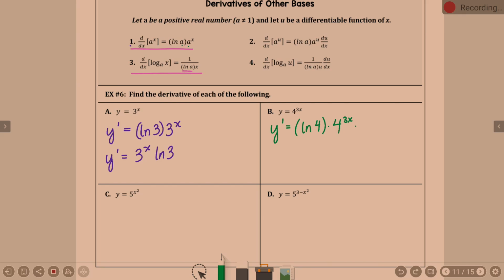Okay, this one we're officially using rule 2 because the u, aka the 3x, can I take the derivative of 3x now? I can. What's the derivative of 3x? That's 3. And that's what that du dx is, because that's saying the derivative of the power. So this one, that's just where we're using rule 2. The derivative of 4 to some power is natural log of 4 times 4 to some power, then times the derivative of the power, and the derivative of 3x is 3. Oh, shoot.